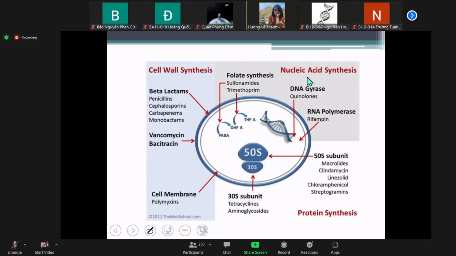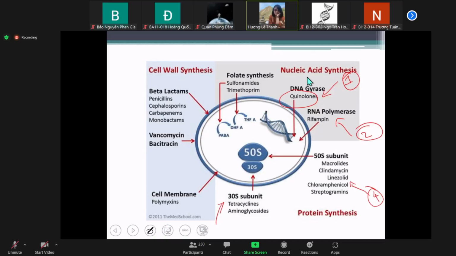So here I have the graph of the bacteria and the antibiotics. For nucleic acid synthesis, just remember quinolones 1, rifamycin 2, and for protein synthesis, just remember chloramphenicol 4 and tetracyclines 5.